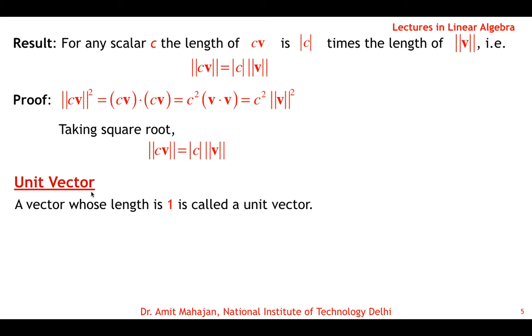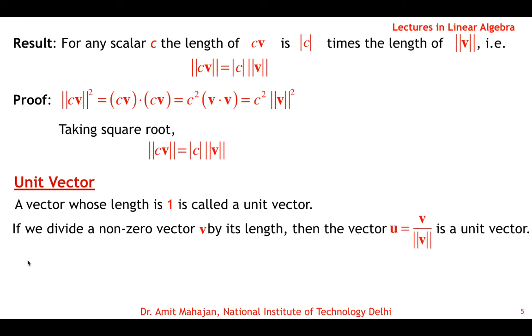Another definition is the unit vector. A vector whose length is 1 is called a unit vector. Given any vector, we can always find a unit vector by dividing that vector by its length. So if we divide a non-zero vector v by its length, then the vector u, which is v by the length of v, is a unit vector.